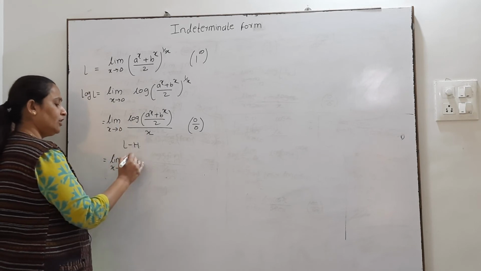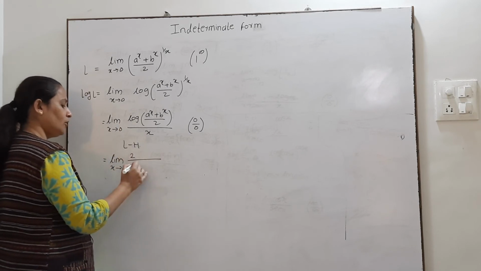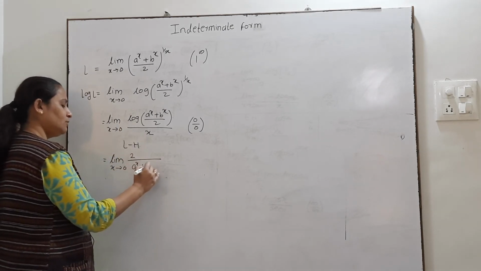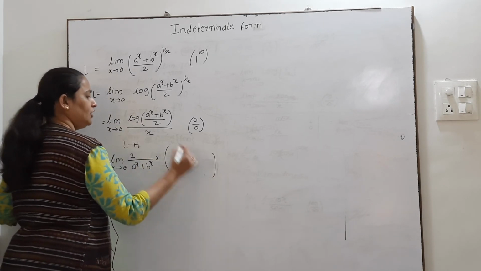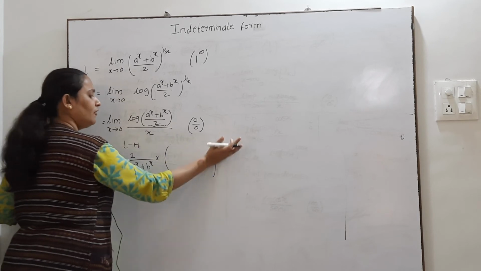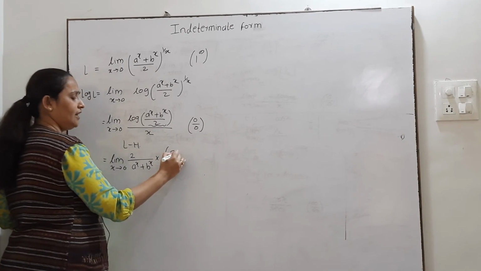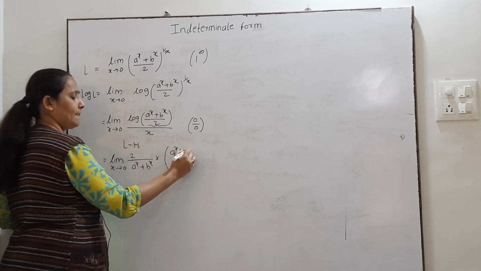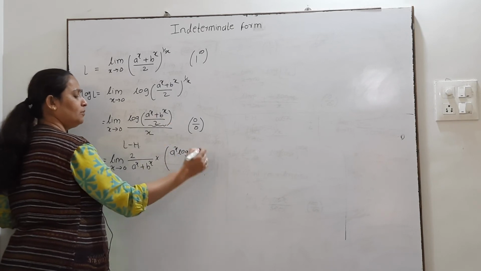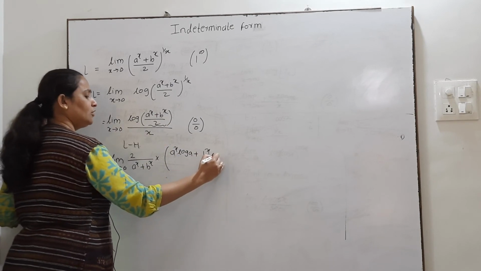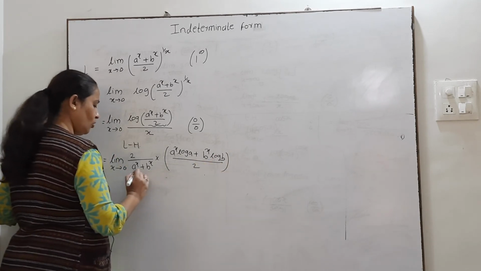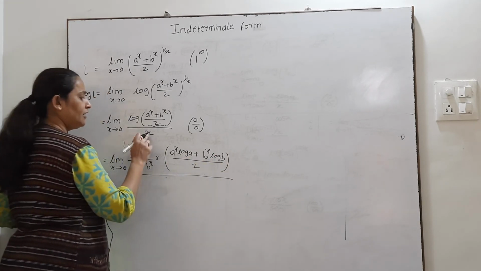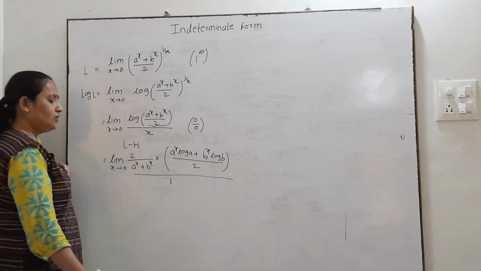First we will take the derivative of log, that is 2 upon a raised to x plus b raised to x, into the derivative of this bracket. Derivative of a raised to x is a raised to x log a, plus derivative of b raised to x is b raised to x log b, upon 2 as it is, whole divided by the derivative of x. Derivative of x is 1.